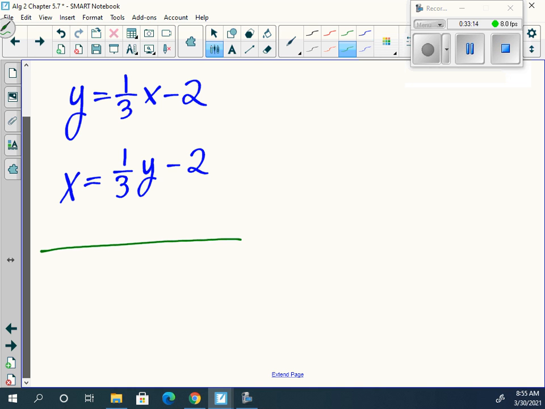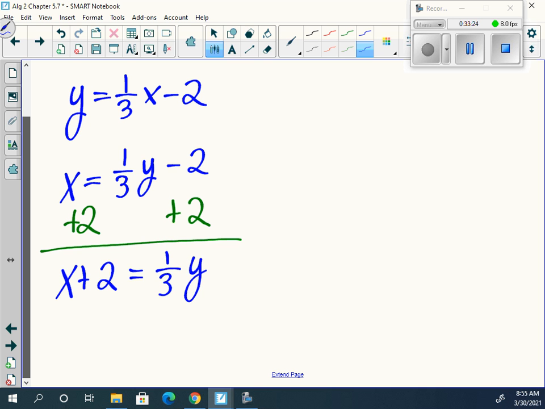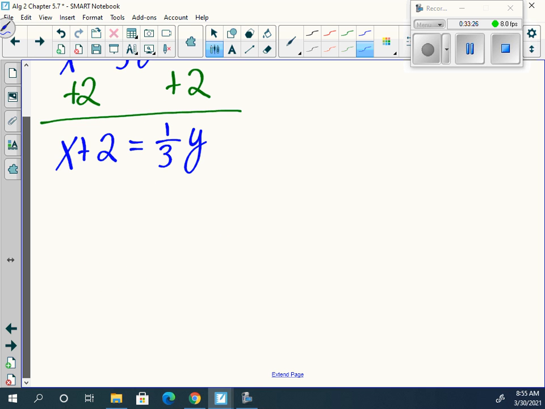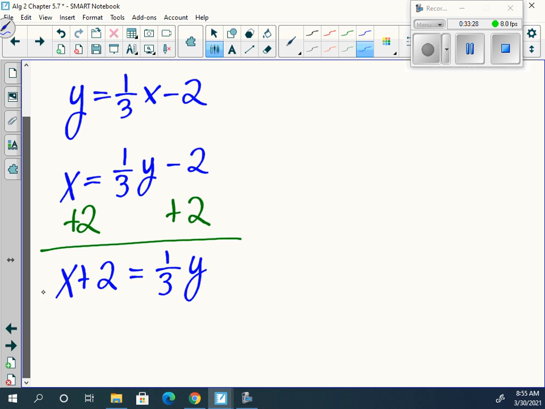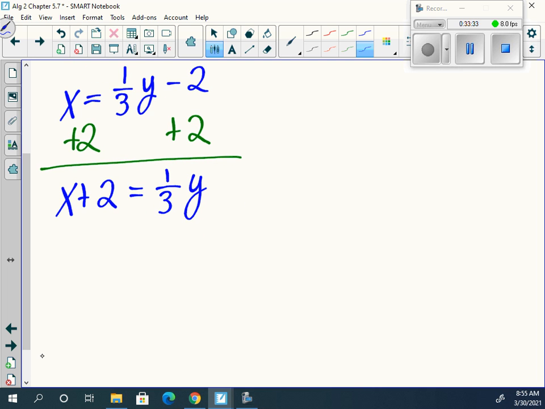Yes. I'll scroll back up just a bit. Yes. We can divide both sides by 1/3 and that'd be fine.